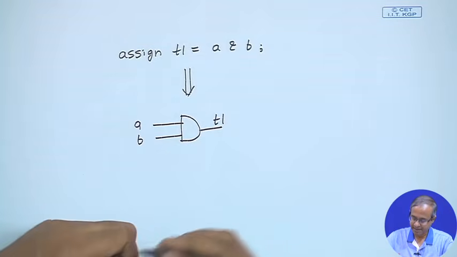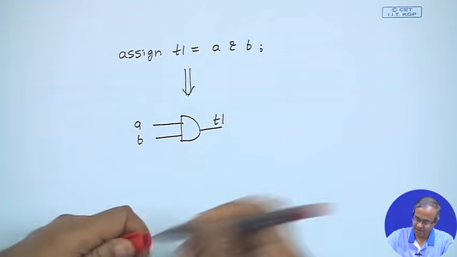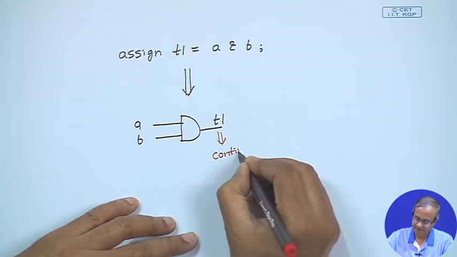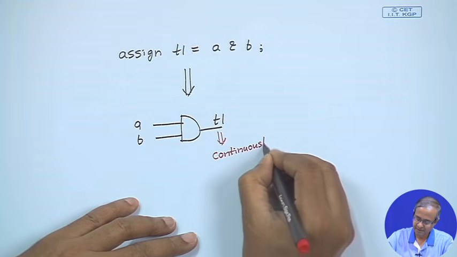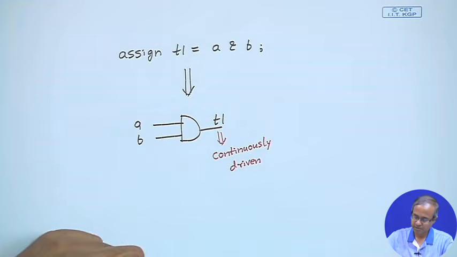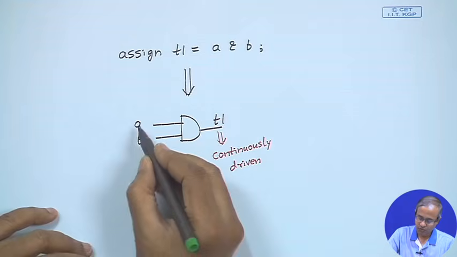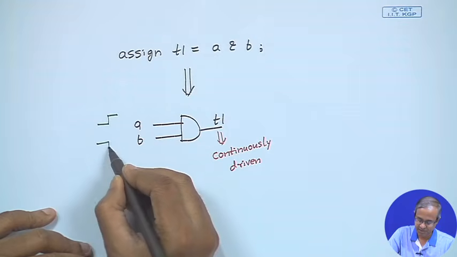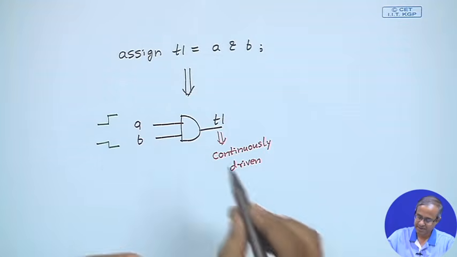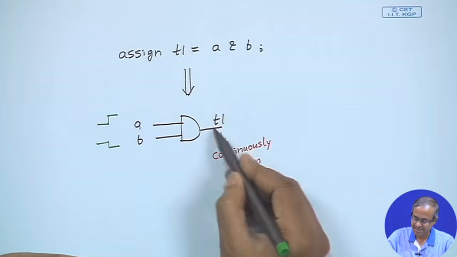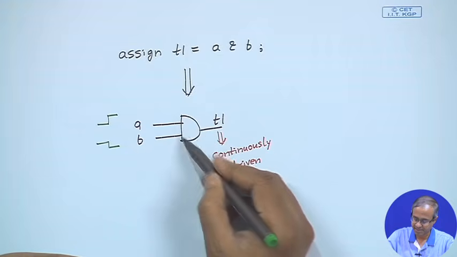So, we say this output signal T1 is continuously driven. What is the meaning of this? Continuously driven means whenever this input signal A and B changes, let us say A changes from 0 to 1 or B changes from 1 to 0, some change is there, that will cause an immediate change in the output value depending on the functionality of the gate.